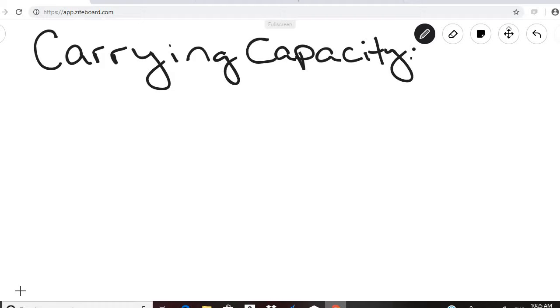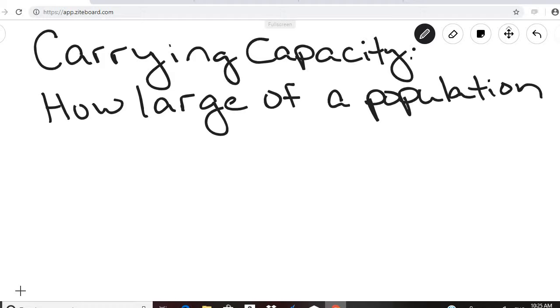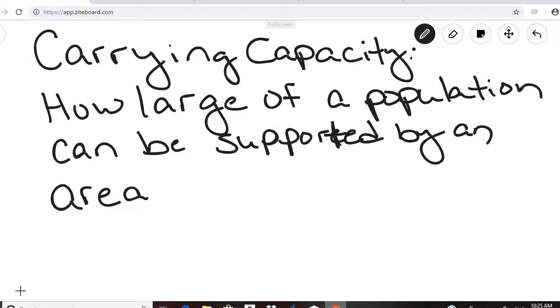Carrying capacity simply states how large of a population can be supported by an area with the resources that are available.